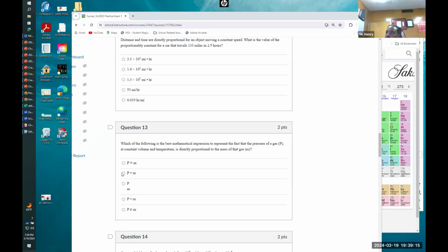So the first thing that they tell us is distance and time are directly proportional. So how would I write that down? And we can use D and T for distance and time. How would I show that they're directly proportional? Would it be through division?